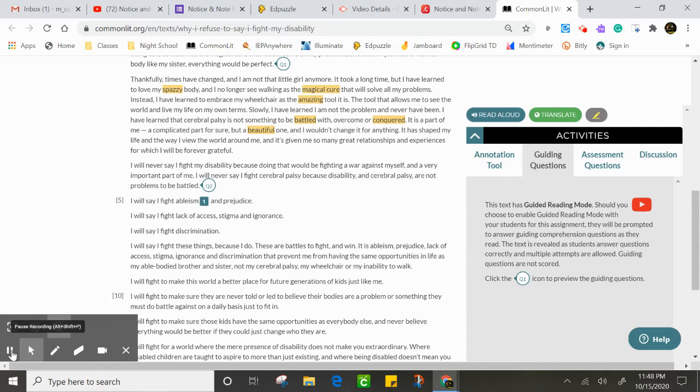So that's another great example of extreme language. So again, remember that if we're going to include something that's highlighted, we need to make sure that we are annotating. So I don't necessarily need to annotate each and every one of these.